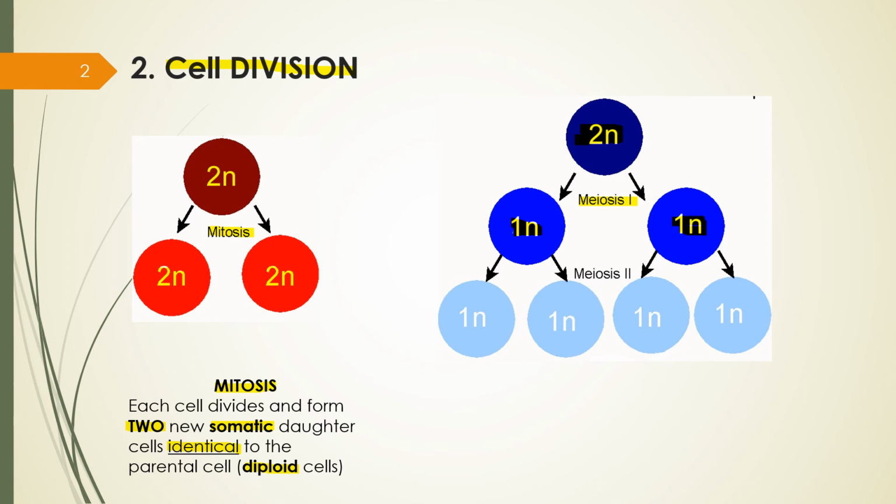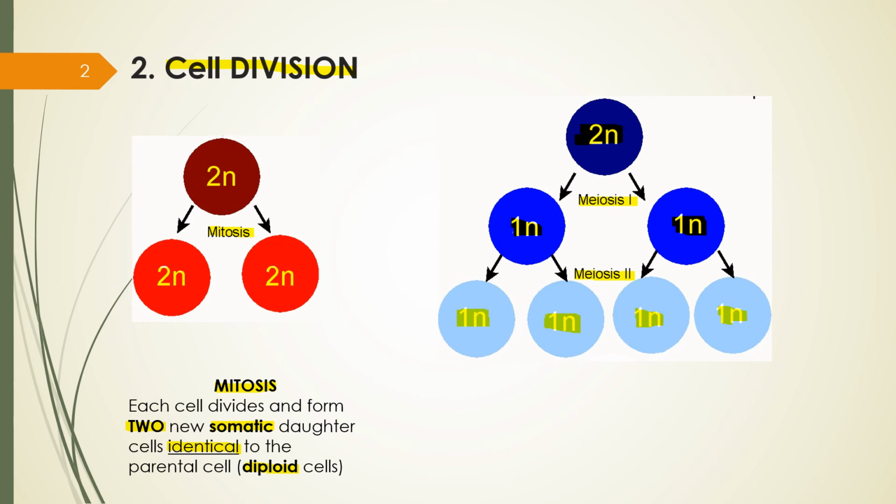So in humans, I had 46 before. Now I have two daughter cells that are 23 each. So I reduce by half. And after that, I have another cell division that we call meiosis 2, but the number of chromosomes stays the same. So I formed 4 new cells that are 1N, or half the number of chromosomes.